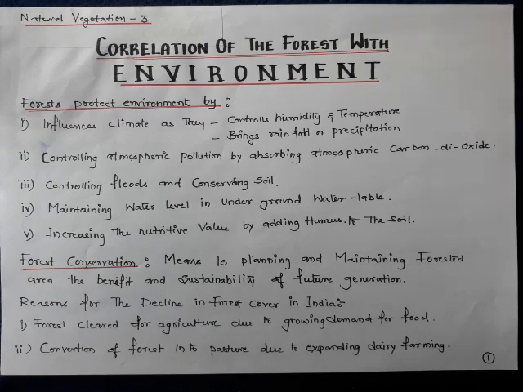So there are various reasons why the forests are becoming less. Number one, forest is cleared for agriculture due to growing demands for food. Then conversion of forest into pasture due to expanding dairy farming, as there is a great demand for milk due to the young population.